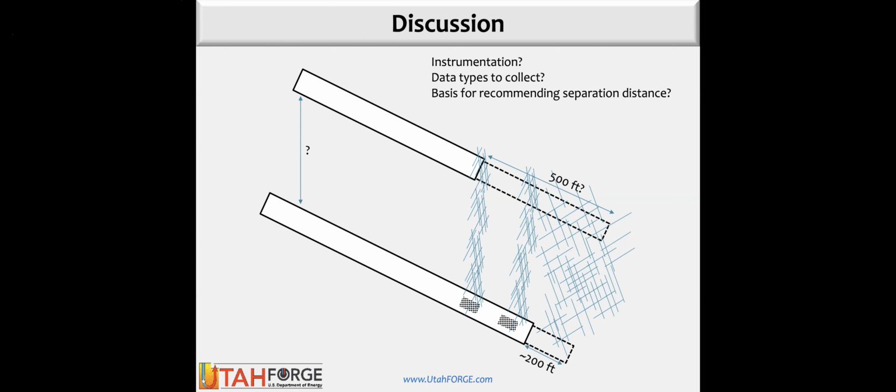We have submitted an extension to the DOE for basically 2025 through 2030. That extension includes drilling a third well. It would be 16C.